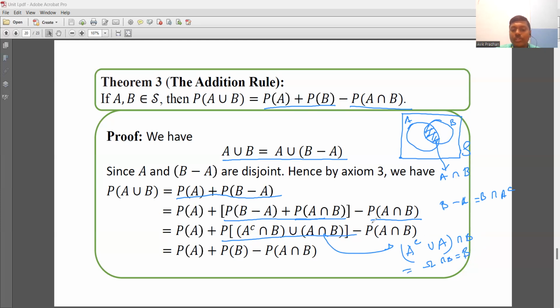So this whole thing becomes B. So I'll have probability of A plus probability of B minus probability of A intersection B. So this is the addition rule.